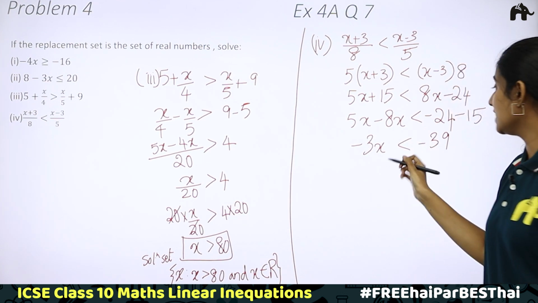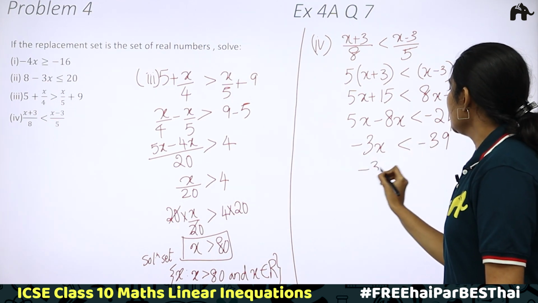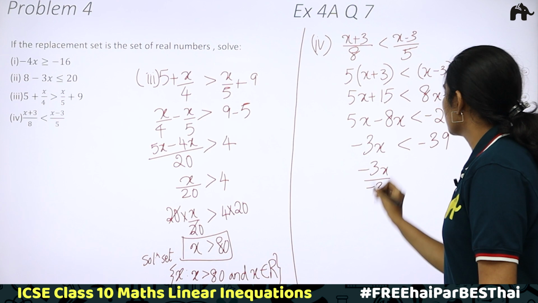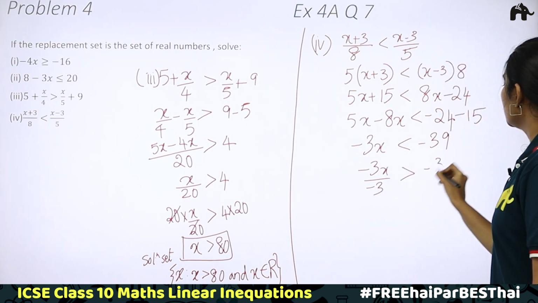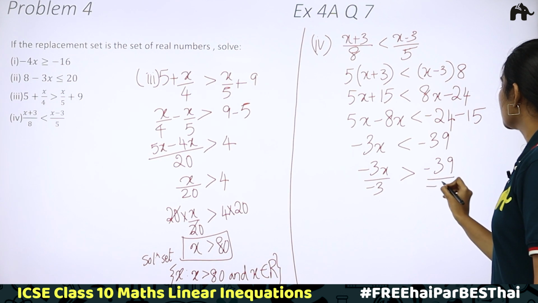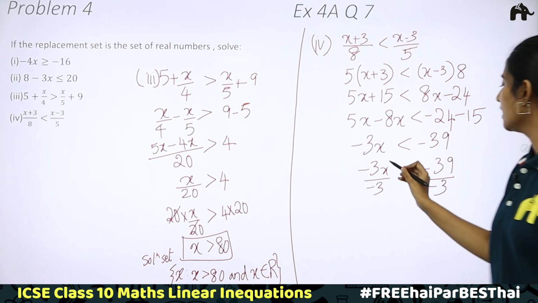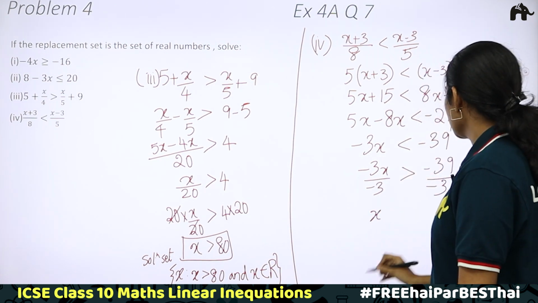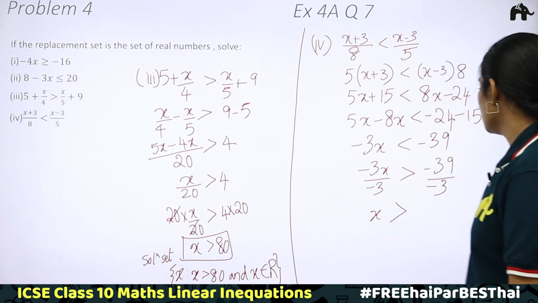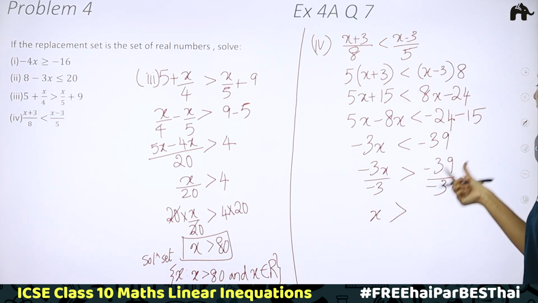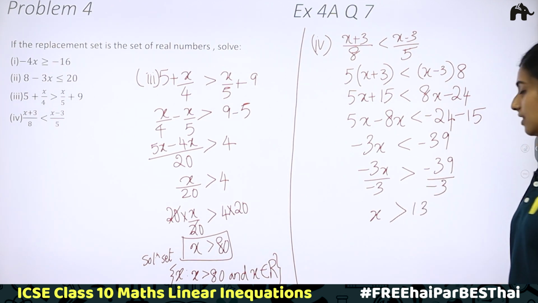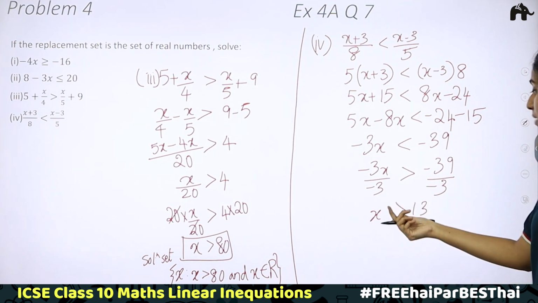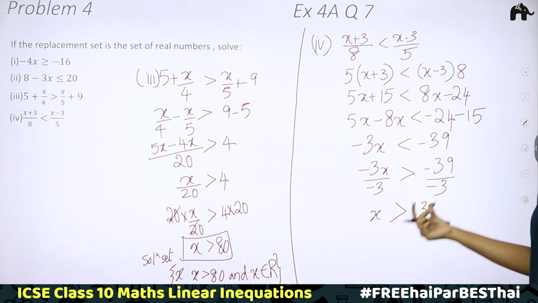Reversing the inequality, minus 3x by minus 3 greater than minus 39 by minus 3. You will be getting x greater than minus 39 by minus 3. That is plus 13. So, x is a real number that is greater than 13.